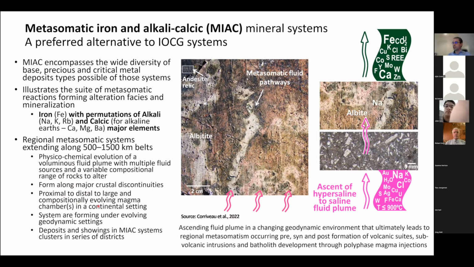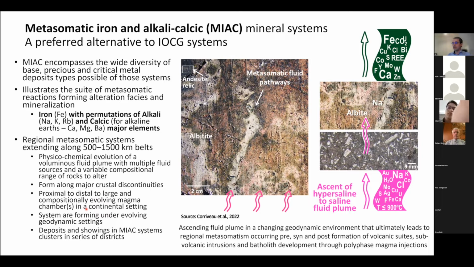They can be proximal to distal to large and compositionally evolving magma chambers, and this will be typically formed in a continental setting. And also importantly, and this may also be part of the reason why we see such a diversity of metals in these mineral systems, is that they are formed under evolving geodynamic settings.